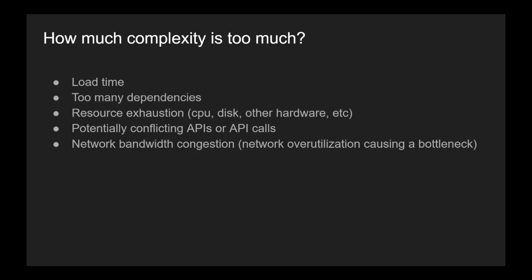So how much complexity is too much? Well, too much is when it's putting excess load onto the system. Overutilization. It's creating bottlenecks because of the amount of requests it has to make and address. Potential conflicts between API calls, or API calls that don't conflict but have a lot of time between requests.